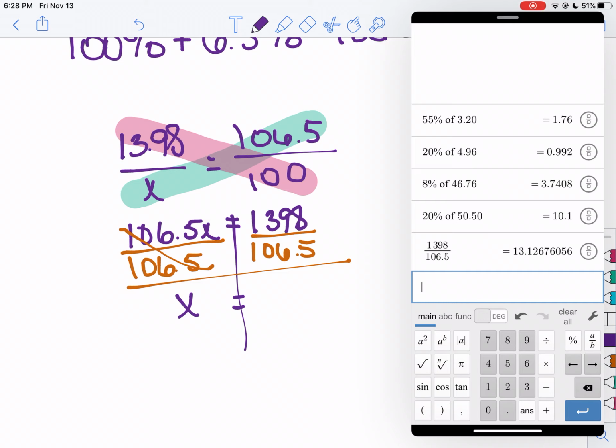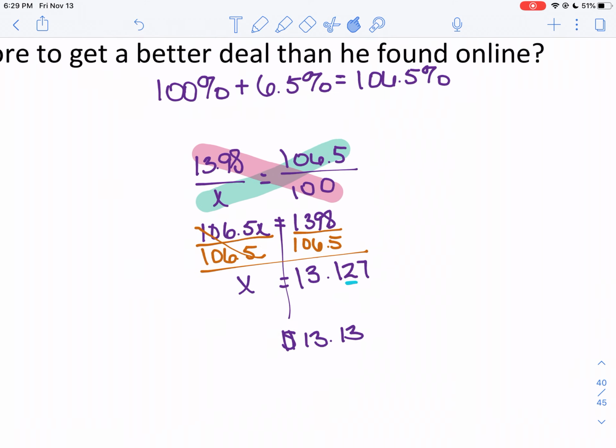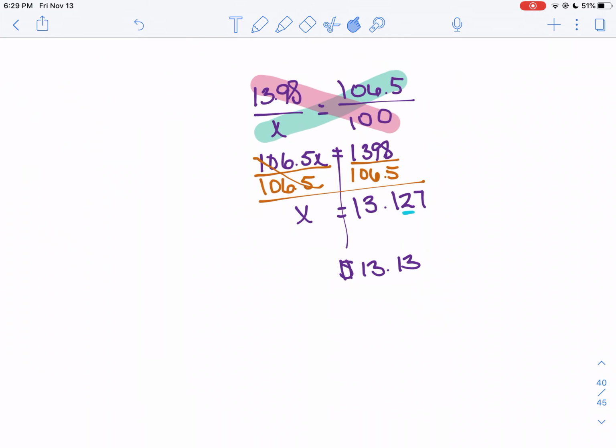So 13.127, but it is money, so we do need to be rounding to the nearest hundredths place. So that 7 tells us to round that up. That 2 to a 3. So $13.13 would be the largest price that he'd be able to find a book for.